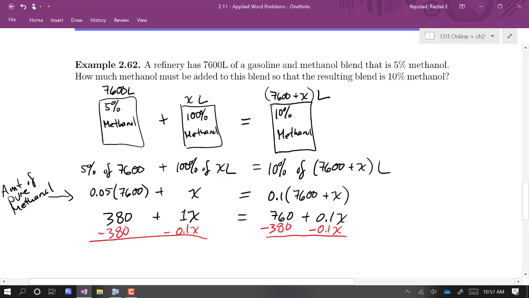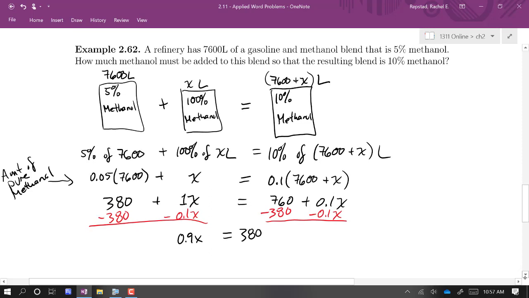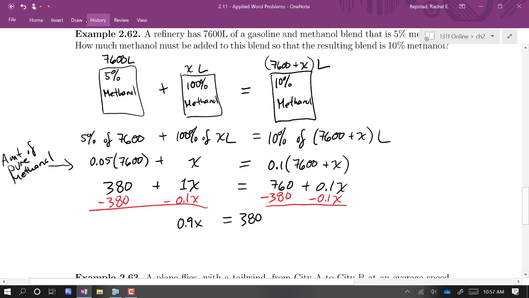This is, of course, 1X minus 0.1X, and that'll leave me with 0.9X. On the other side, 760 minus 380 is 380. Now we divide by 0.9.